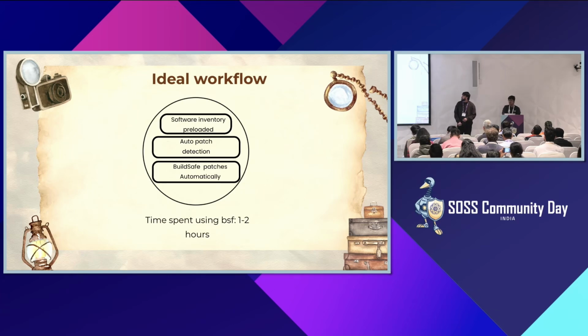We should already know what software we are using rather than at crisis time when it's hard to find things. Once the software inventory is preloaded to our automation, let's say a GitHub bot, it becomes easy to detect whenever a new patch is available. And then BuildSafe can help you automatically patch this. This brings down that previous lifecycle we saw, about 1 to 2 weeks, to just 1 to 2 hours, right? We just have to wait for a patch update to come up.